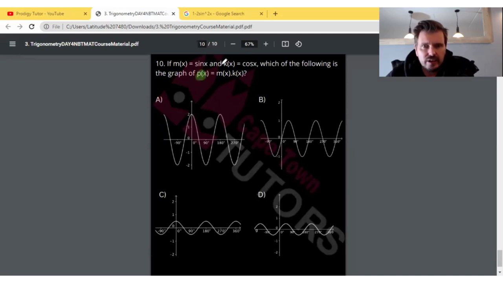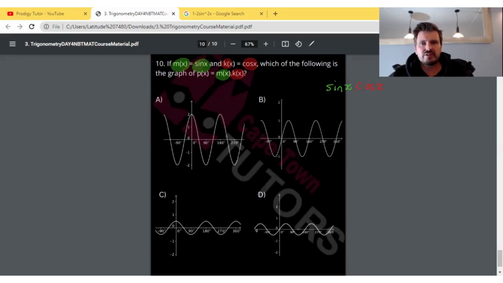So mx equals sine x, that's the green one. And kx is the red one here, equal to cos x. So basically, what are they saying? They're saying we put px. So they want the graph of px. So they want the graph of sine x cos x, right?